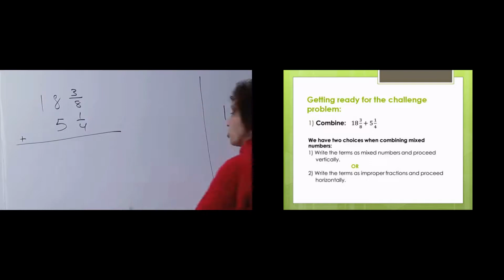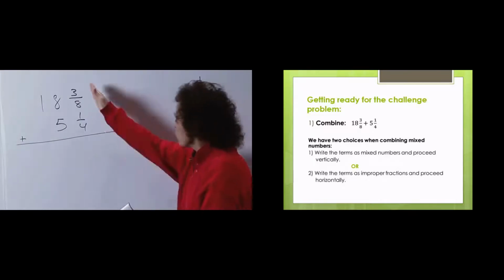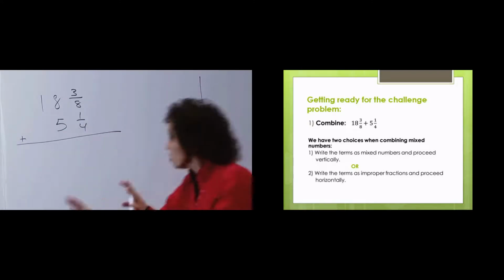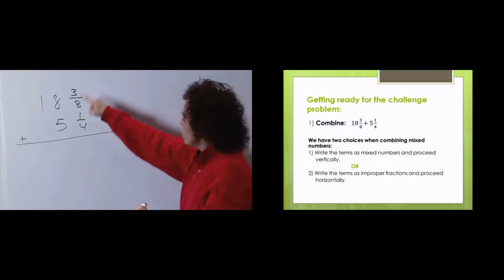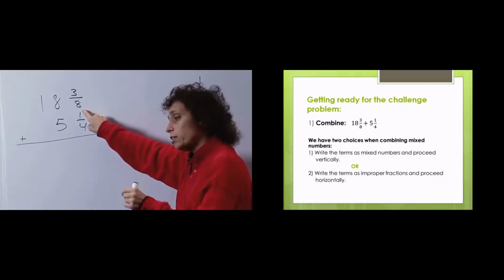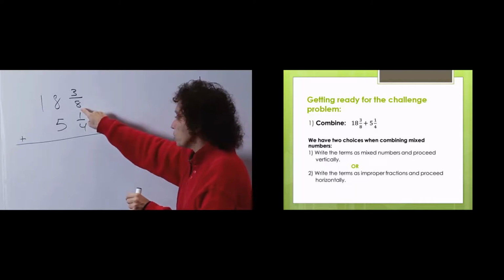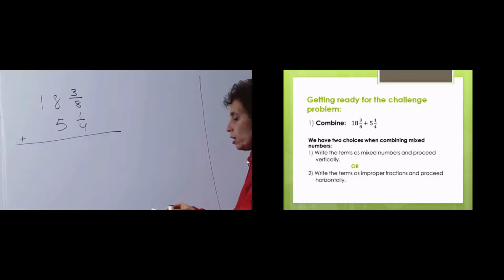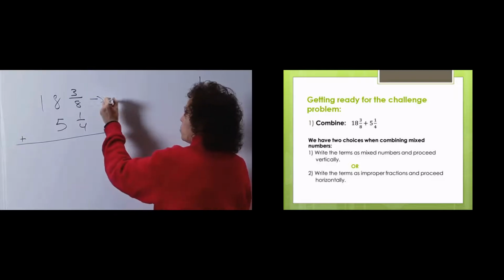My suggestion to you is if you're going to leave them as mixed numbers, do these vertically so that the fractions line up and the whole numbers line up. So again, as we did before with fractions, we need a common denominator. We look at the biggest denominator, which is 8, and we see if this number goes into 8, and it does, so 8's our common denominator.